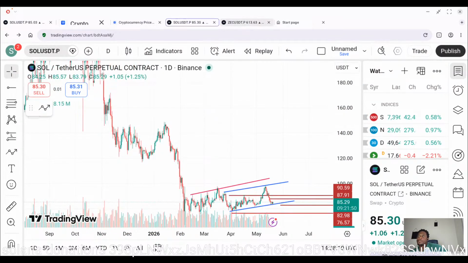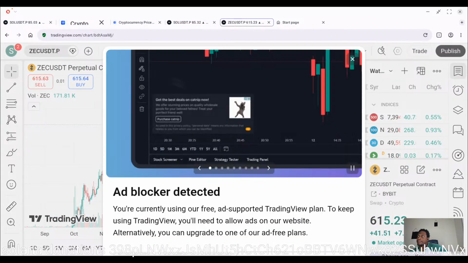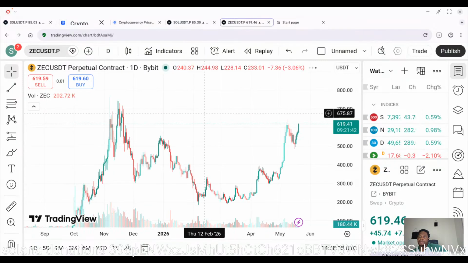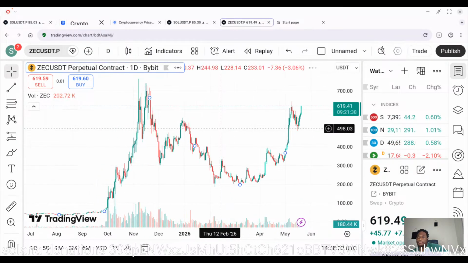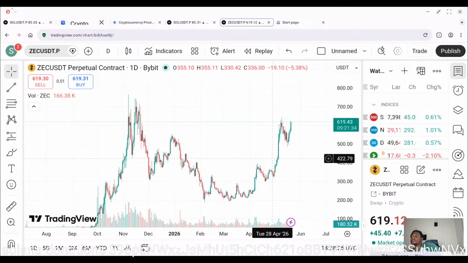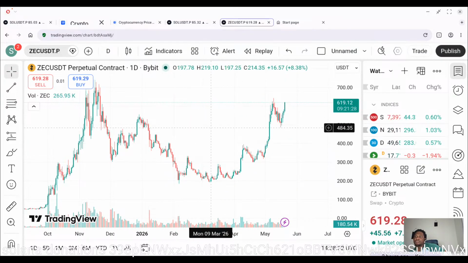Now, if you take a look at ZEC, if you take a look at this chart, while every other crypto is going down, this chart is moving on strong. ZEC is moving on strong.